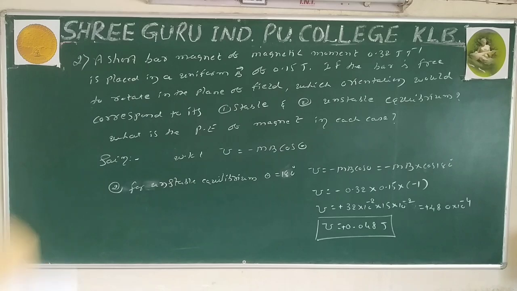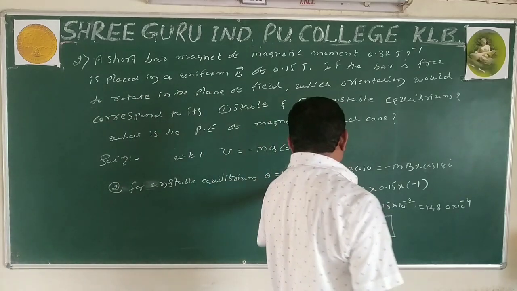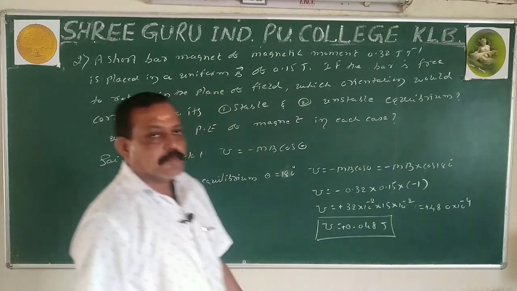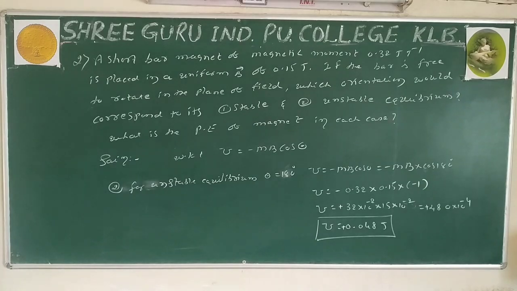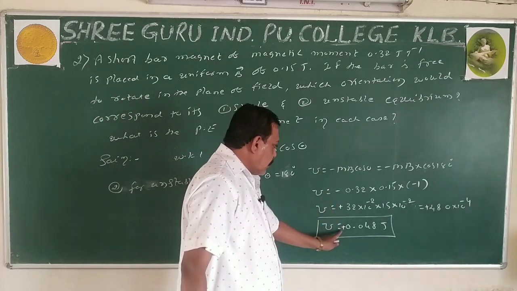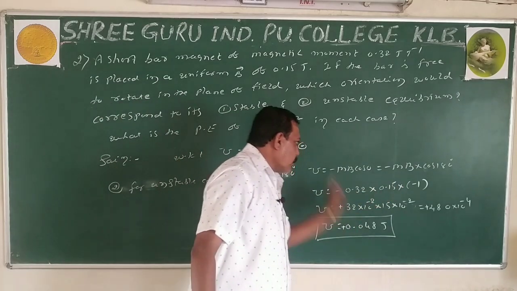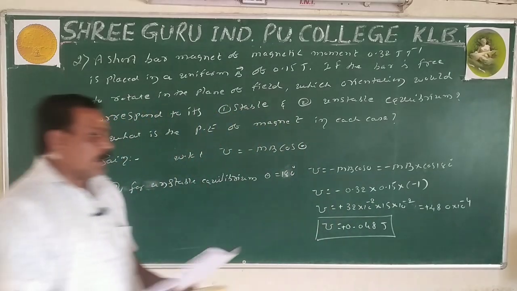The minus sign indicates the magnet rotates in the clockwise direction, and the positive sign indicates the magnet rotates in the anti-clockwise direction. Anti-clockwise is positive. So for stable equilibrium, the value is the same but with a negative sign. For unstable equilibrium, it is positive. Negative, negative becomes positive. Right? Now this is our second problem.